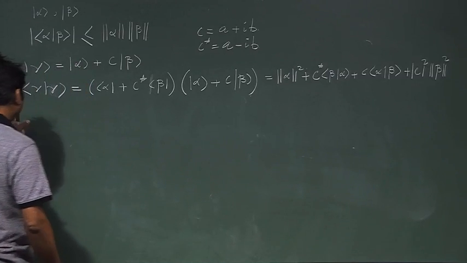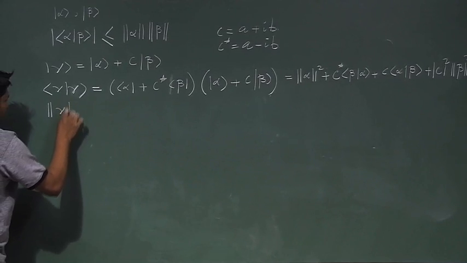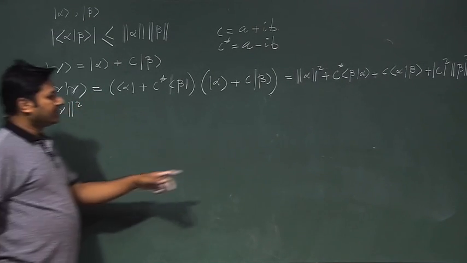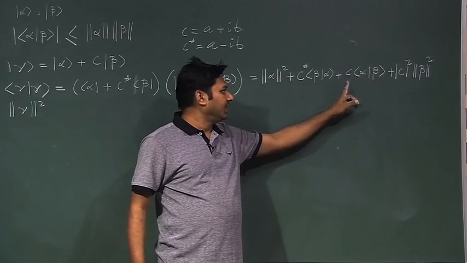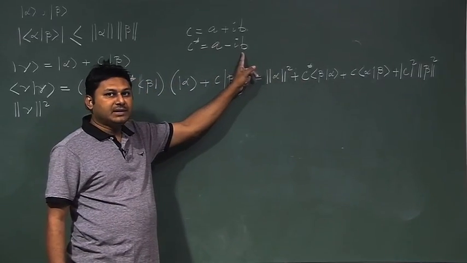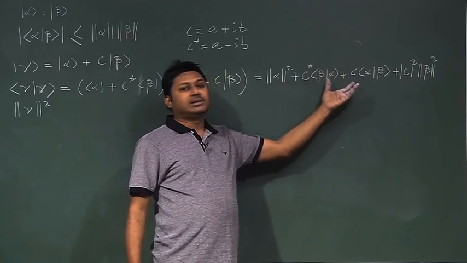On the left hand side I will have this. This is essentially the norm square of this quantity, which depends on the values of c1 c2, because c contains a and b, and a and b are according to my choice. So, I can change a and b in such a way that I can manipulate this quantity.